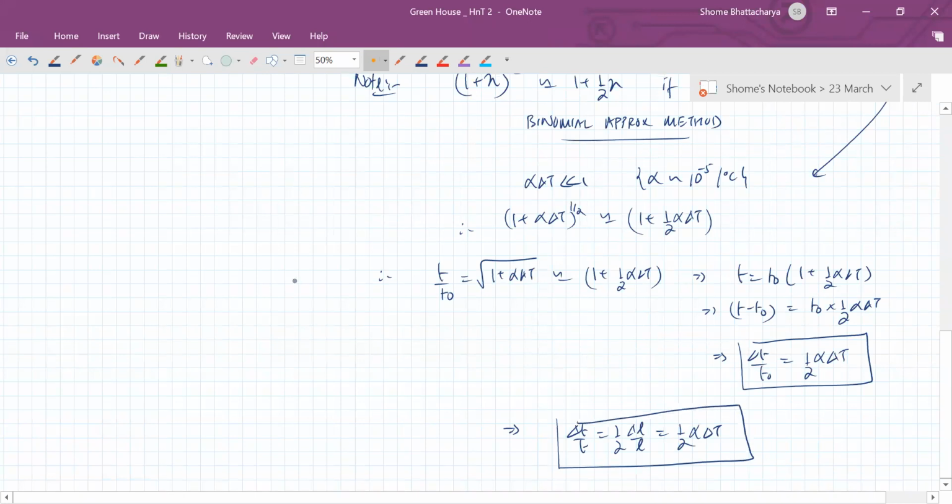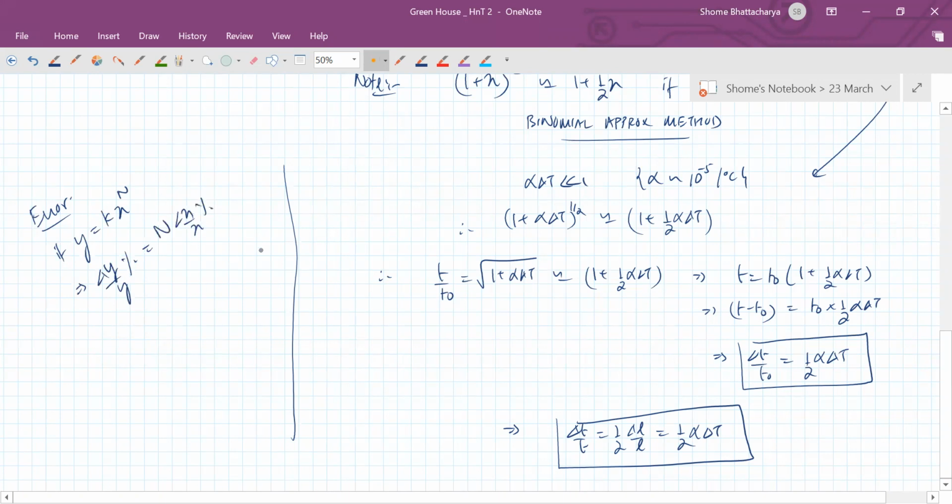So the simple way to remember this is from the error propagation concept. If y is equal to k into x to the power n, then fractional or percentage change in y becomes n times fractional or percentage change in x.